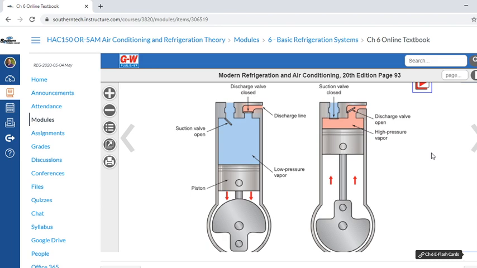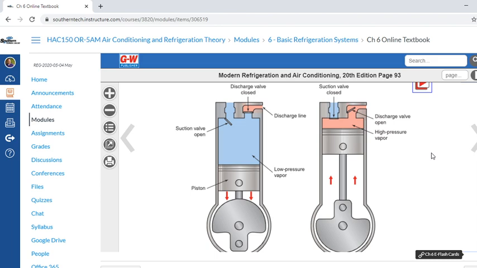The left-hand picture shows the piston in the down position. It opens a suction valve and allows the refrigerant to enter. The suction valve closes, and the discharge valve is also closed. The piston gets pushed up and compresses all that refrigerant into a smaller section.